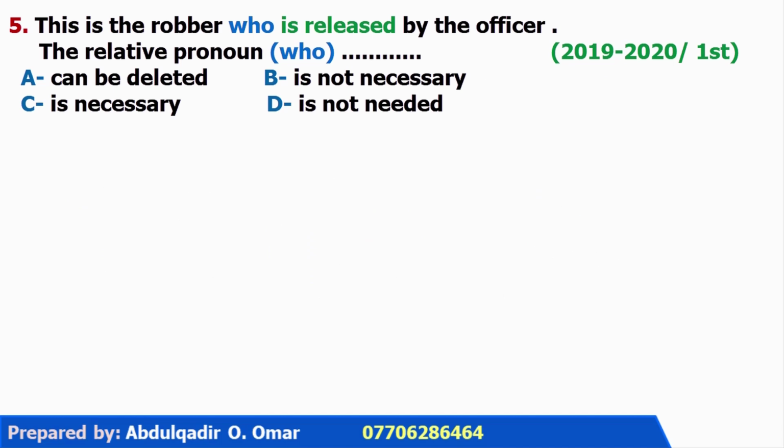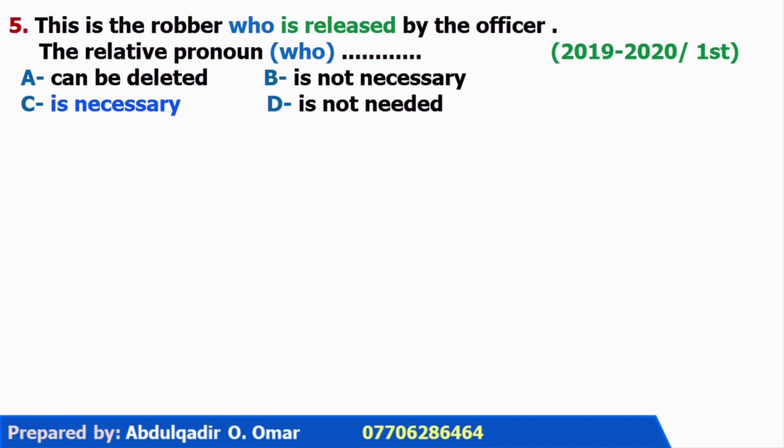Question number 5. This is the robber who is released by the officer. The relative pronoun who, A, can be deleted, B, is not necessary, C, is necessary, D, is not needed. Here the correct answer is C, is necessary. You know why?